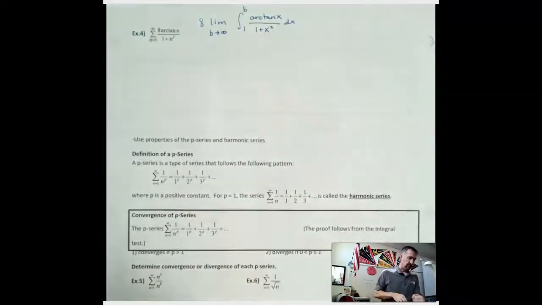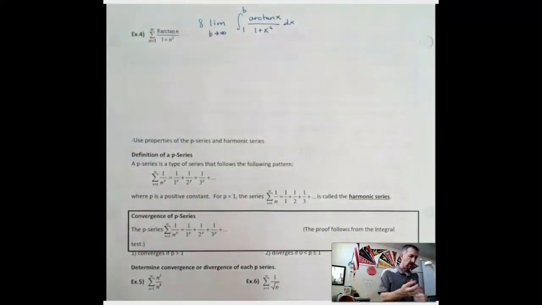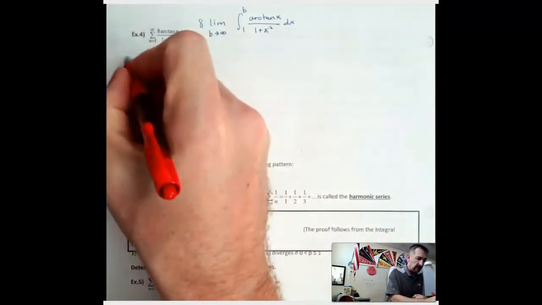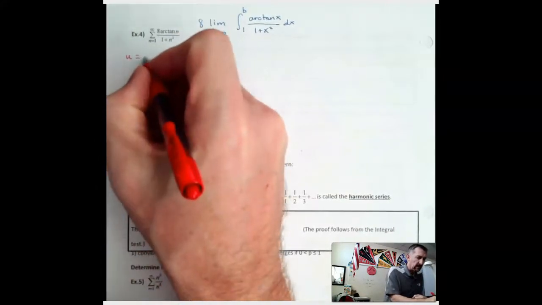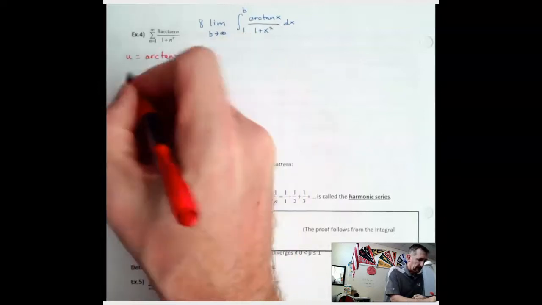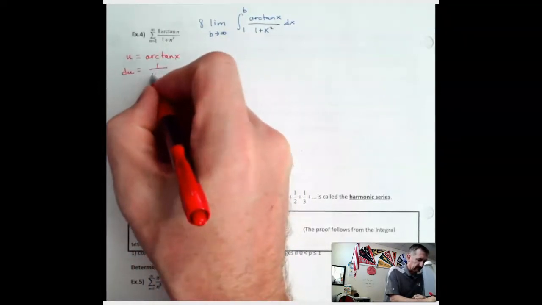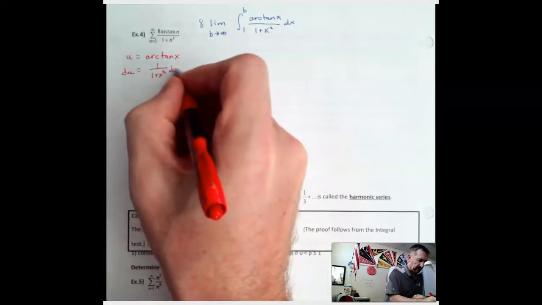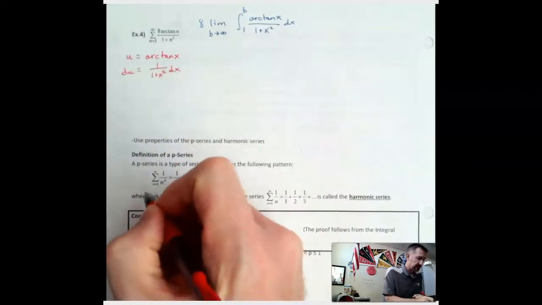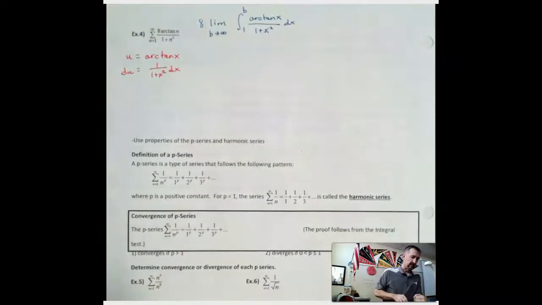Over here I'm going to let u be the arctan, so du is going to be 1 over 1 plus x squared. So that works out pretty nicely.